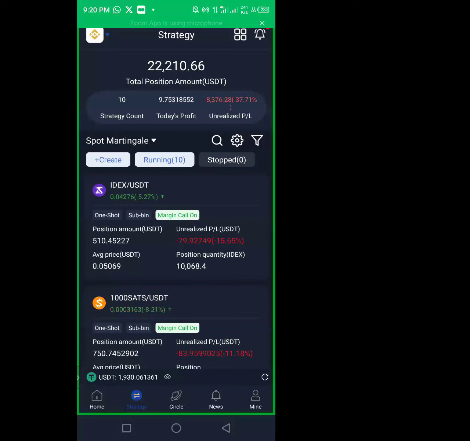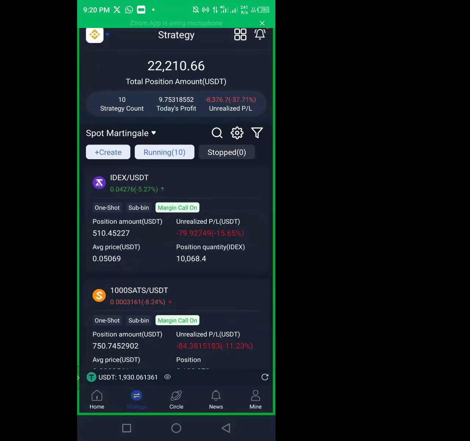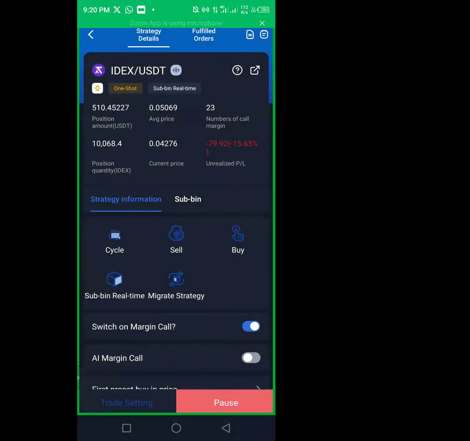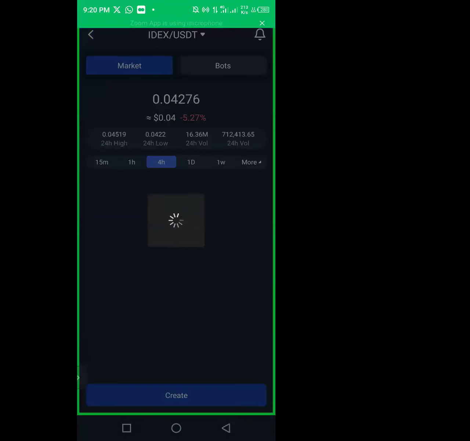Since this coin is doing well, the position amount in USDT is low, and the chart says that it has fallen down and is about coming up.